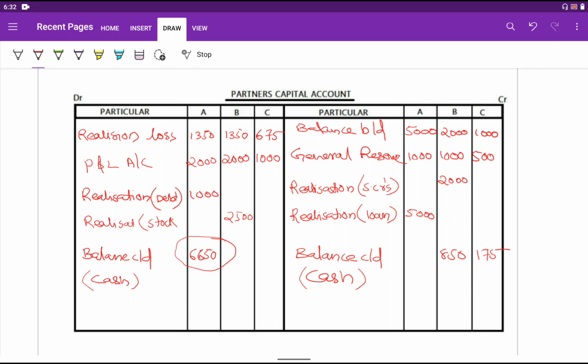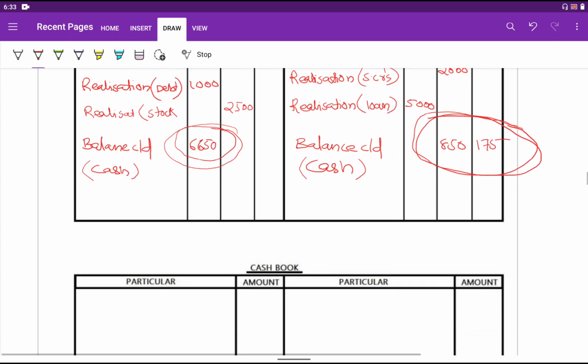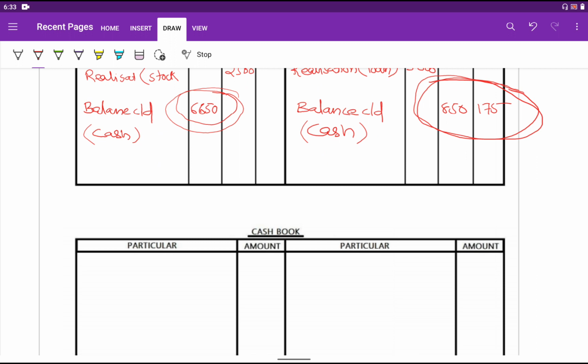But B and C want to bring money from home, because after settling all the liabilities, the money in their capital accounts is less. So B and C want to bring 850 and 175 from home. We are going to dissolve our company, right? That's all, nothing else, so you don't need to worry about that.